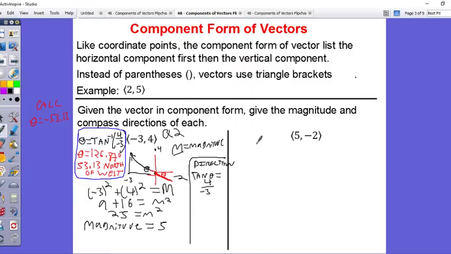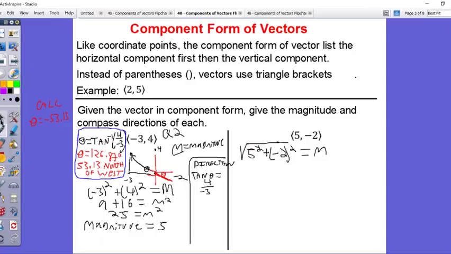All right, I'm going to be a little bit quicker here. This is going to be the square root of 5 squared plus negative 2 squared. That's equal to our magnitude.